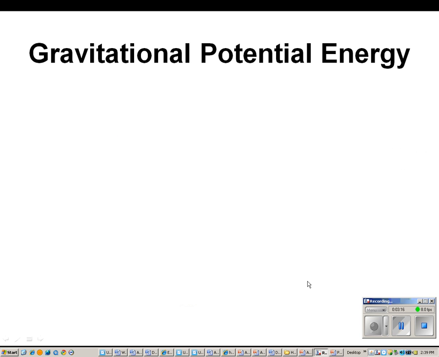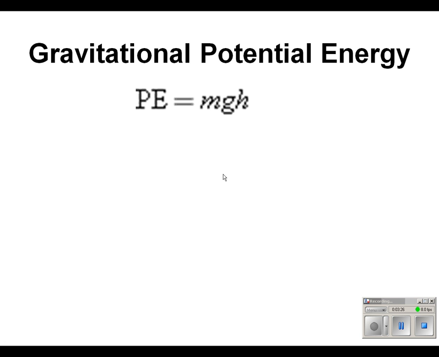Now we're going to look at something called gravitational potential energy. We know that is energy due to position. Kinetic energy is energy due to movement. And we'll see that this potential energy is equal to mgh, which is identical to the equation we just used for work done by the force of gravity. mg is our force, h is our displacement, so force times displacement gives us our work. So potential energy really is equal to the work that gravity did.